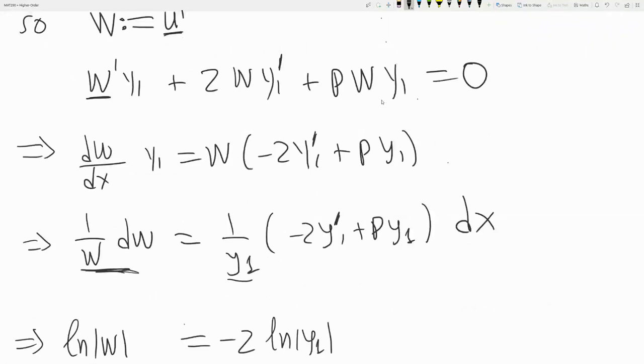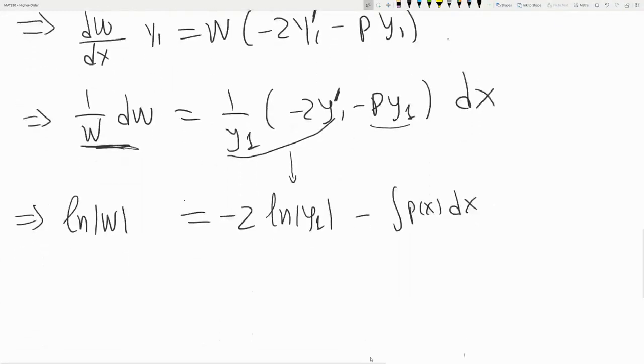Here this will give log if you integrate, and this one will give the integral of p. Let me do this a little bit more slowly.